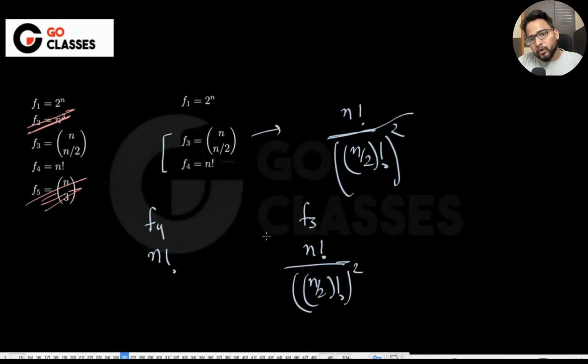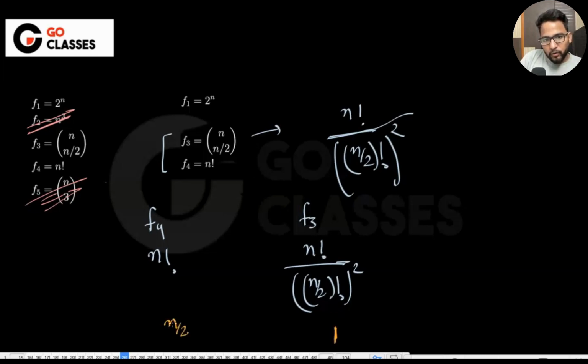You can do one thing. You can multiply by n by 2 factorial square both sides and divide by n factorial both sides, right? So if you multiply this by n by 2 factorial square both sides and divide by n factorial both sides, it will be just 1, right?